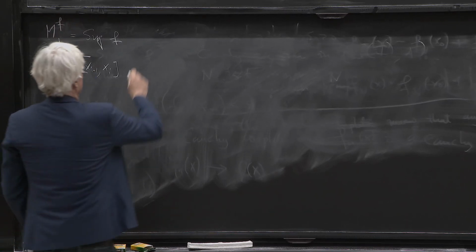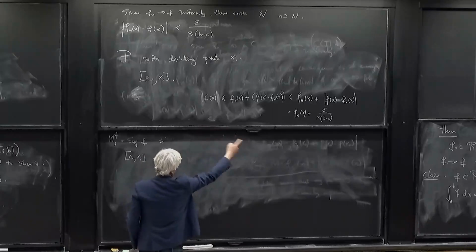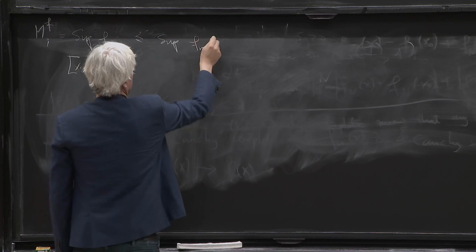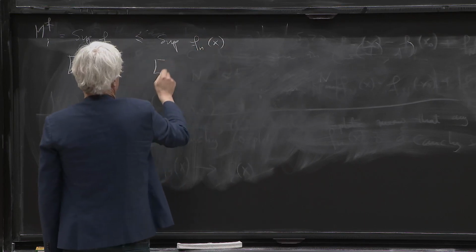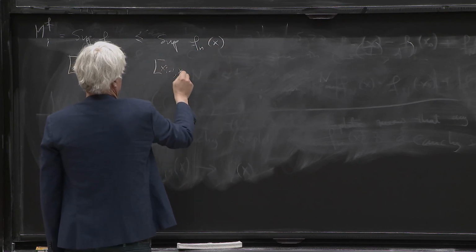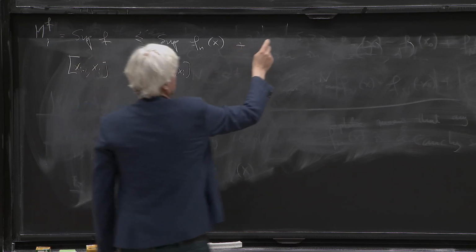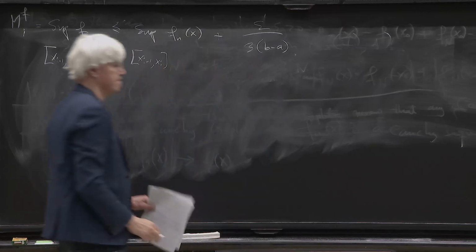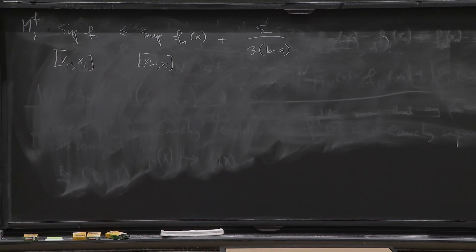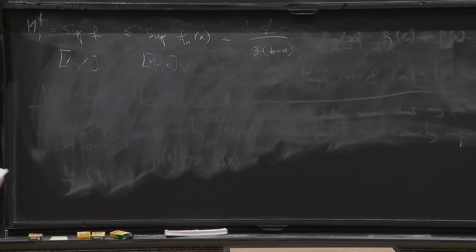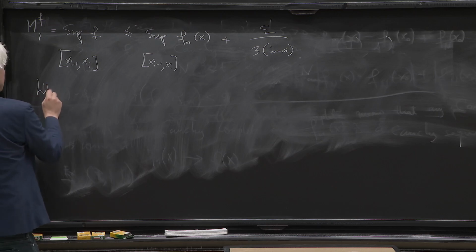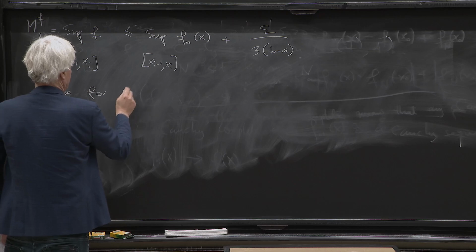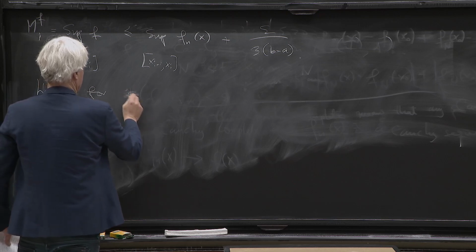This is less or equal to, because of this inequality, the sup of fn of x on the same little interval plus epsilon over 3(b minus a). Right? And likewise for the inf.